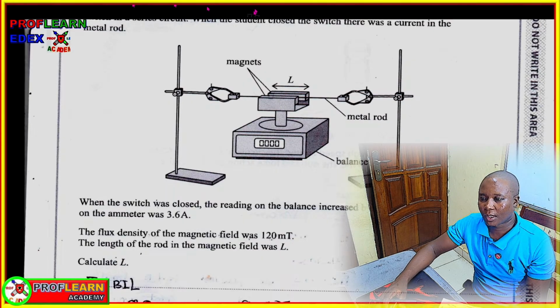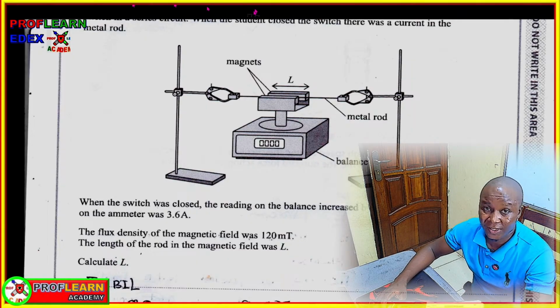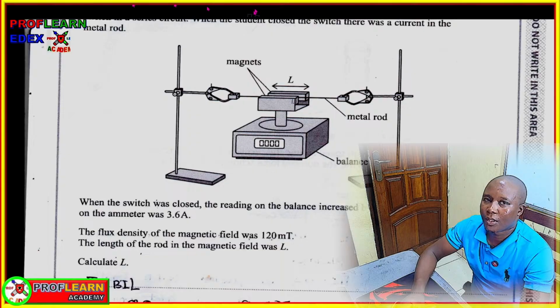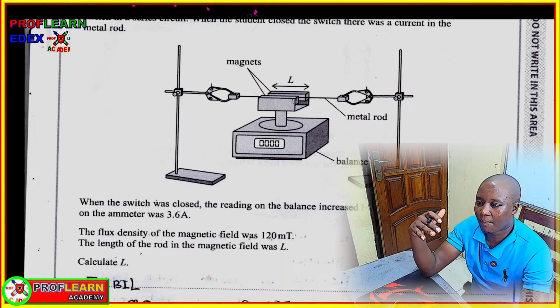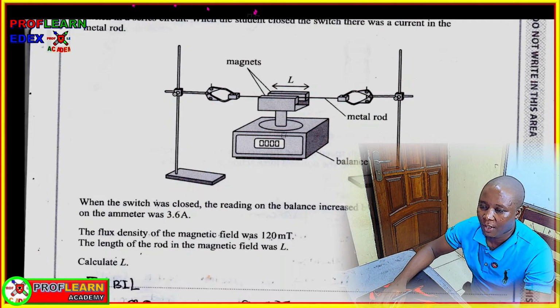So which means that there will be a force acting on the wire due to the magnetic field, but due to Newton's third law of motion, for every action force, there is a reaction force. So if there is a force that is exerted on the wire, then the wire also will exert an opposite and equal force. And that is why we are going to have a reading at this given point.